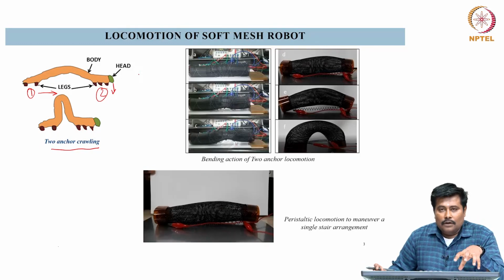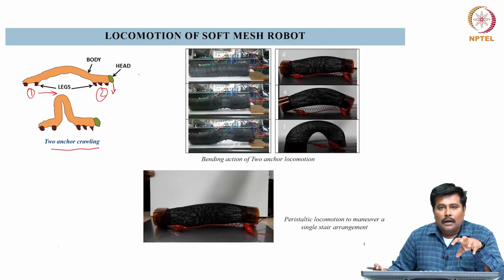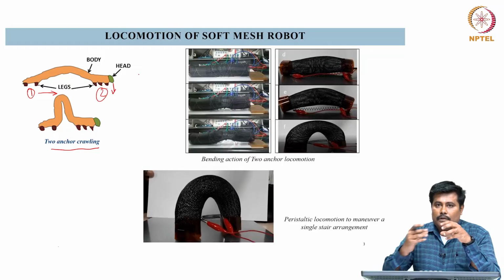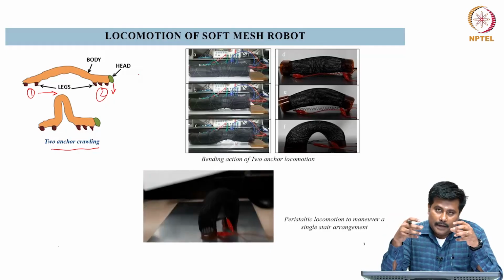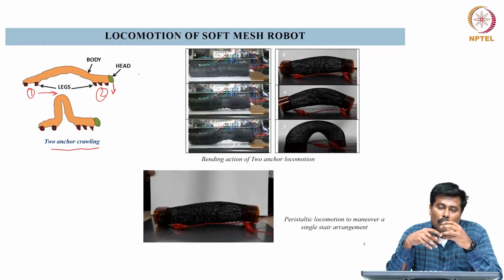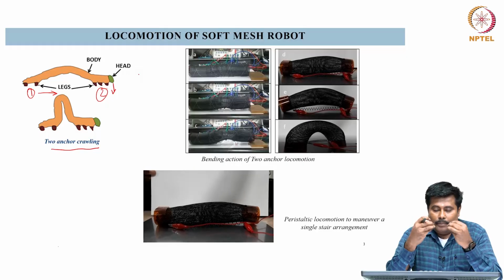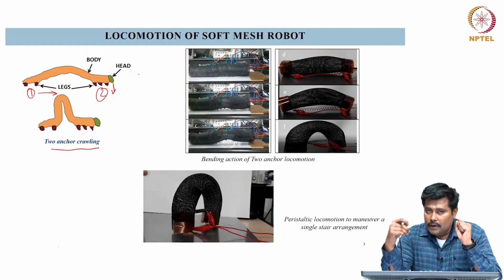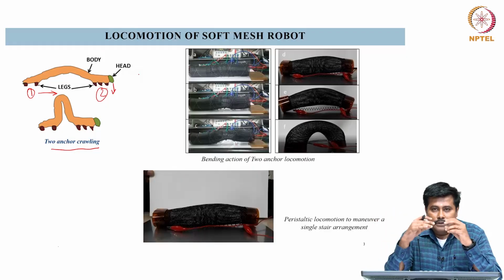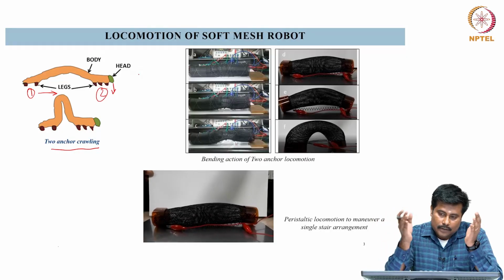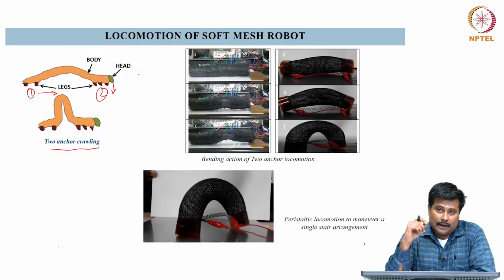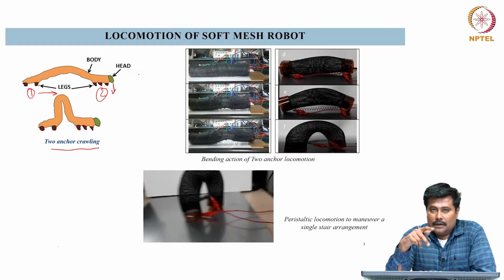For demonstrating this micro mechanism, we have taken a small PLA material. This PLA material was baked in such a way that it becomes flexible. Over the PLA material, we have bonded the shape memory alloy structure. These shape memory alloy structures are actuated using joule heating by applying an electrical pulse to them.